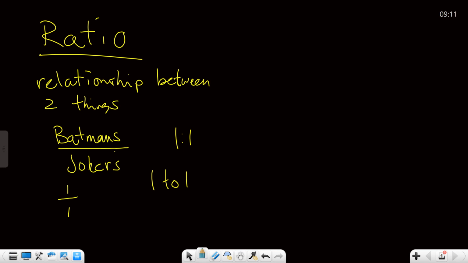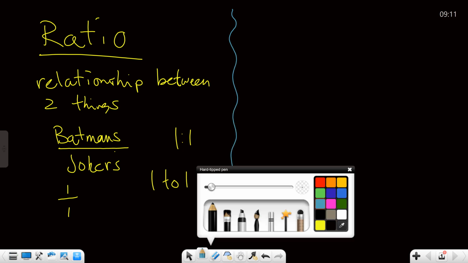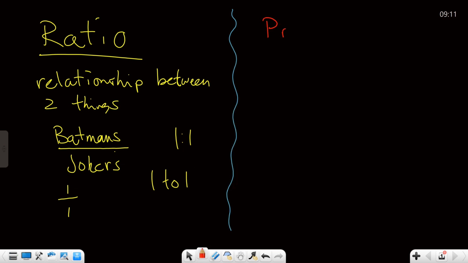Second half of the board, however, things get a little bit more interesting. What's a proportion? Go, Scott. A ratio based on the data of another one? It's not horrible. Can you delve a little bit deeper into that? No? I don't know. Anybody else?